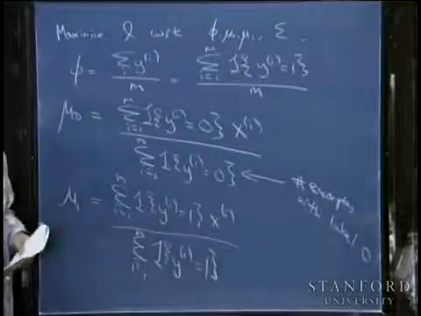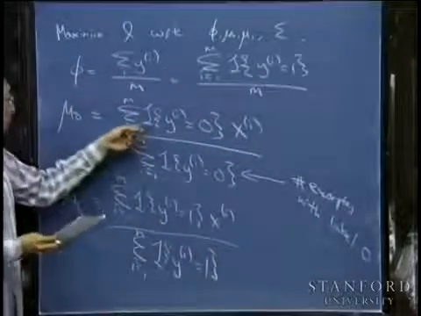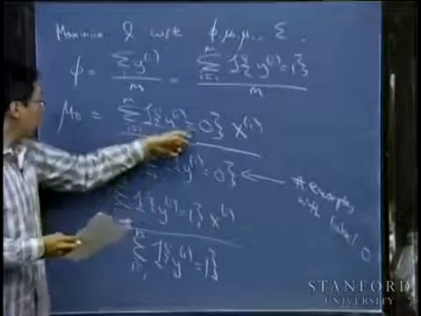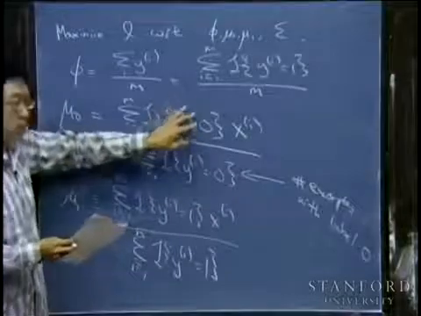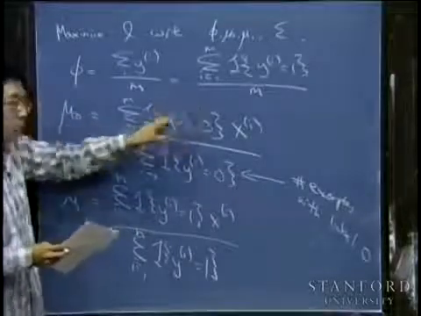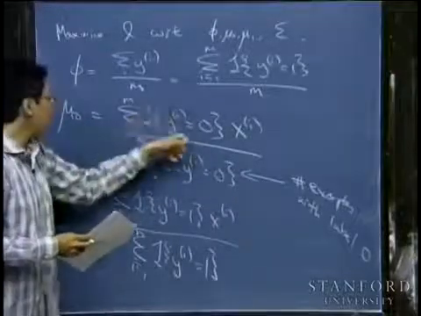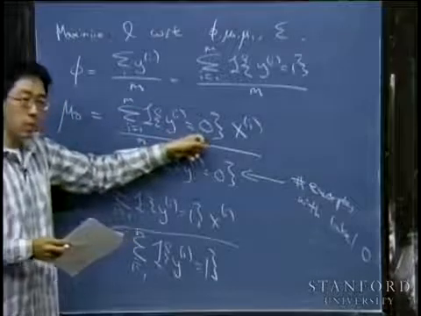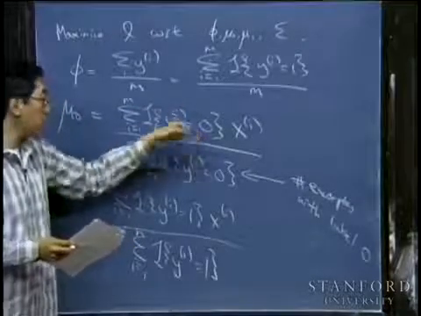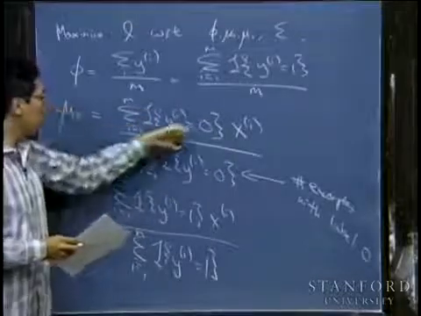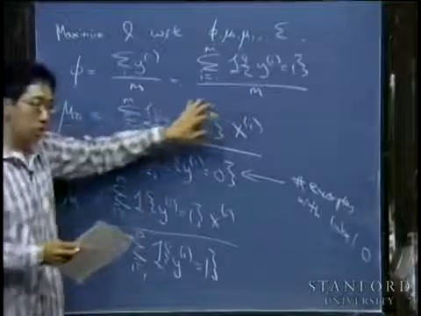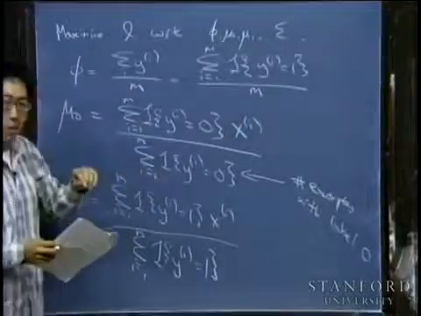And then the numerator will be the sum from i equals 1 through m. Every time yi is equal to 0, this will be 1, and otherwise this thing will be 0. So this indicator function means that you're including only the terms for which yi is equal to 0, because for all the terms where yi is equal to 1, this summand would be equal to 0.